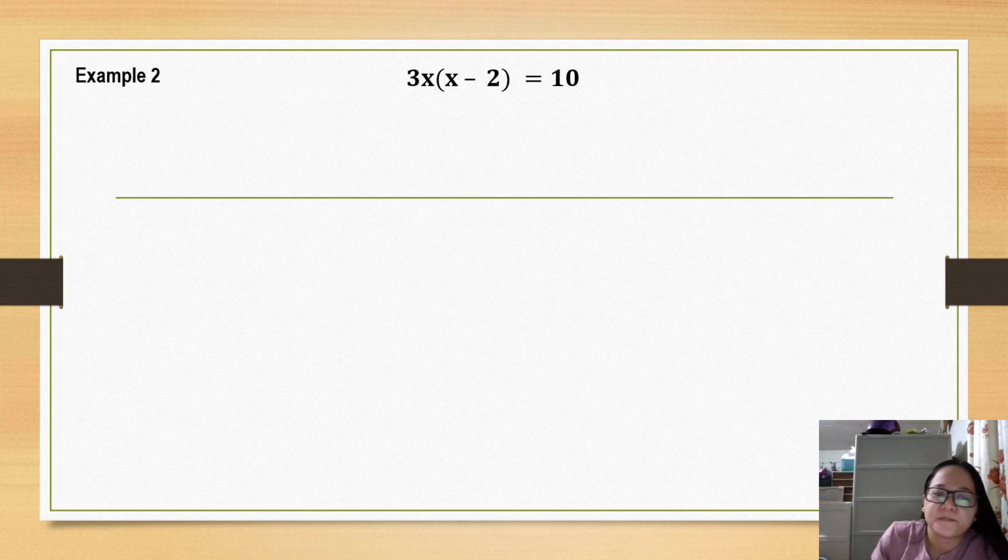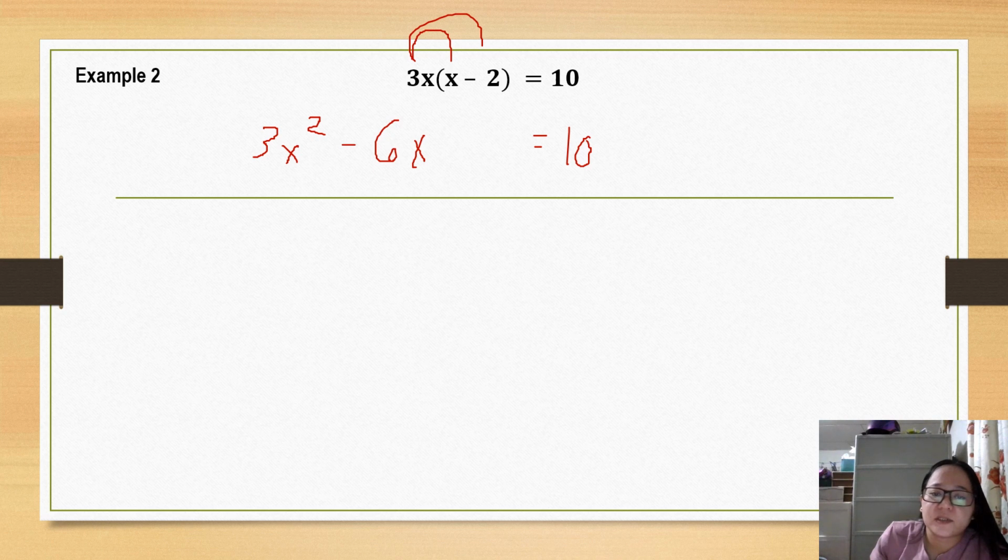Another example. Okay, this is a quadratic equation, but it is not yet expressed in standard form. So, in order to express it in standard form, expand and then move all terms to the left side of the equation. 3x times x is equal to 3x squared. 3x times negative 2 is negative 6x is equal to 10.